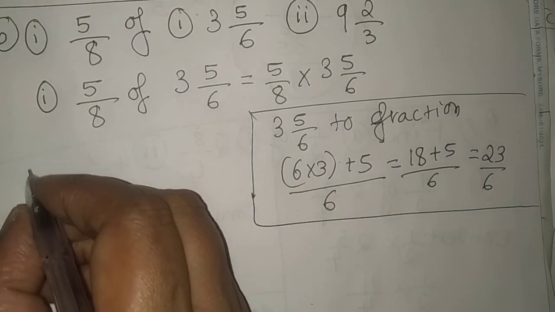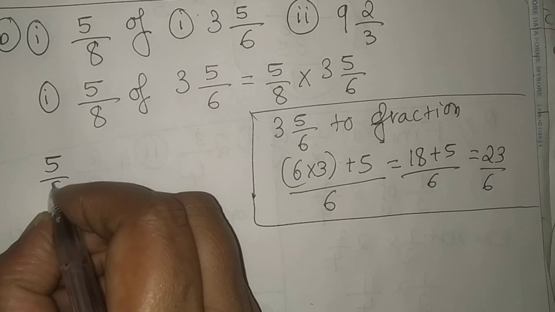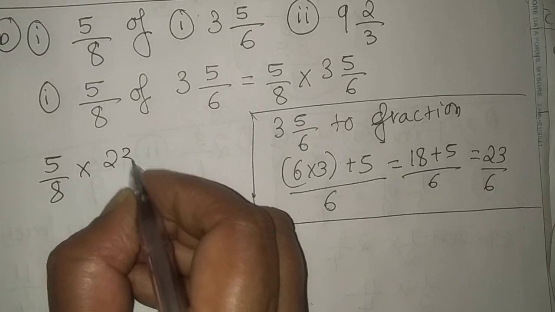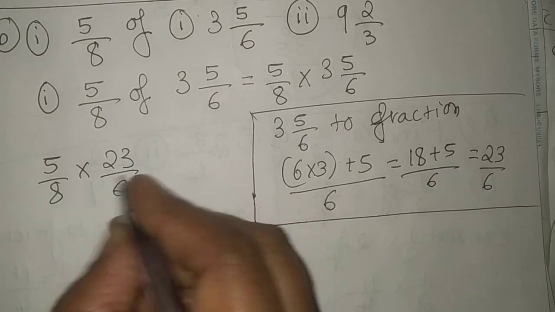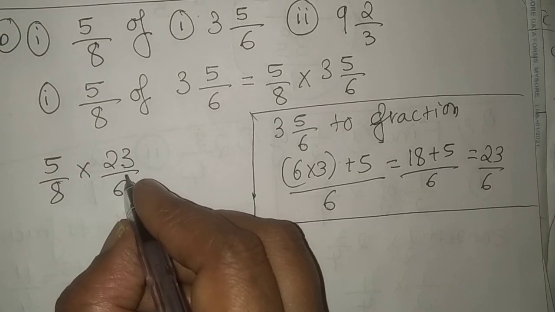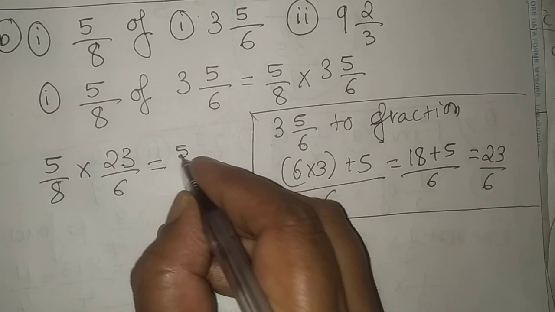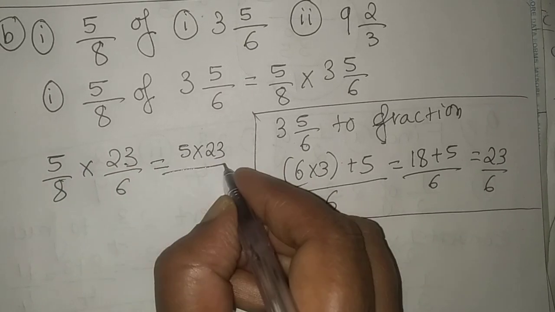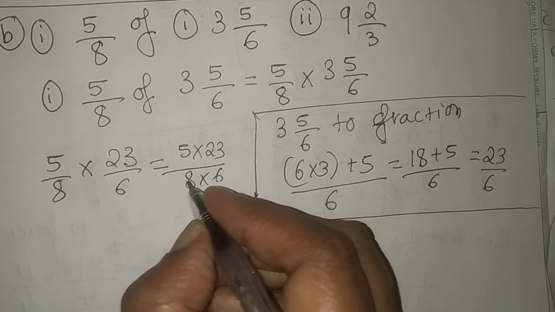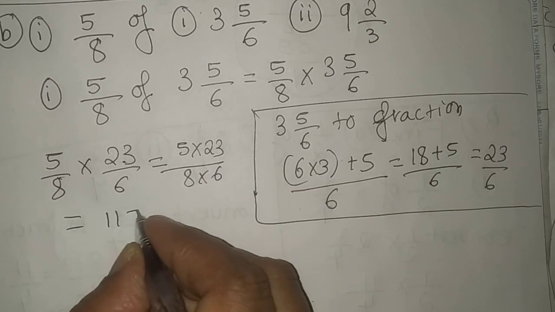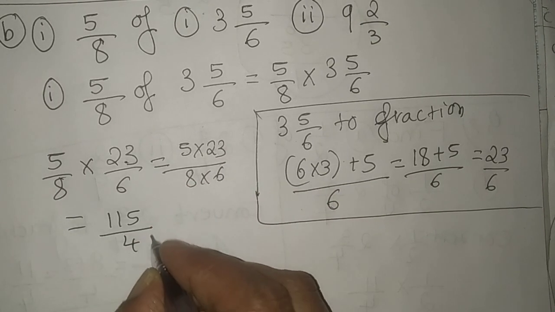Now substitute here. It is 5 by 8 into 23 by 6. So we can't simplify here. Therefore multiply, that is 5 into 23 by 8 into 6, which is equal to 115 by 48.